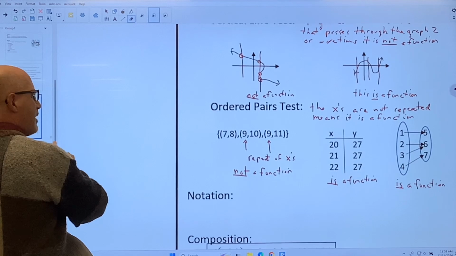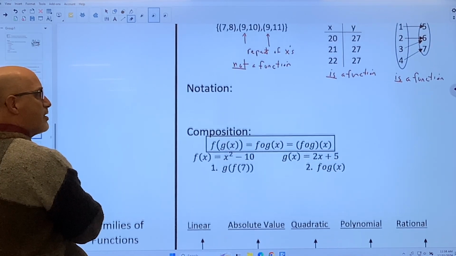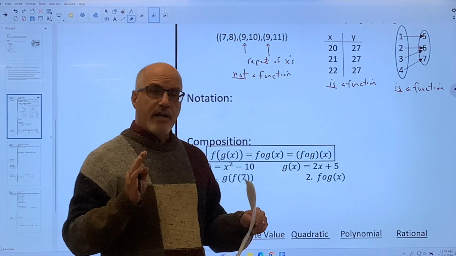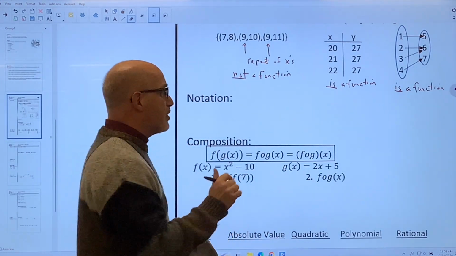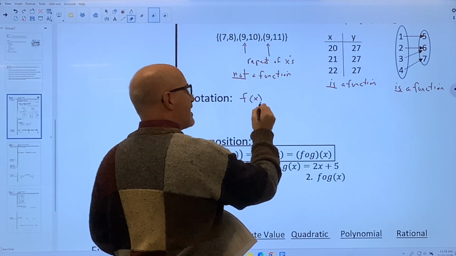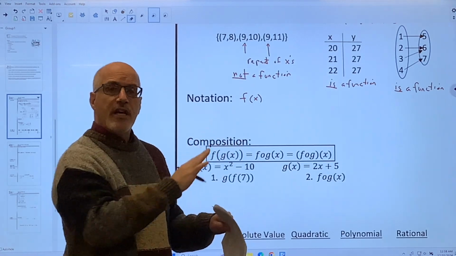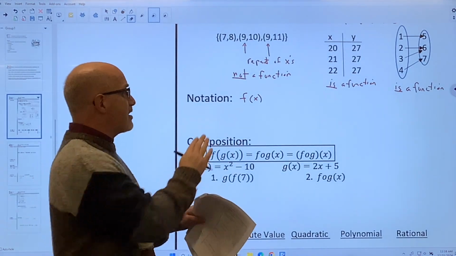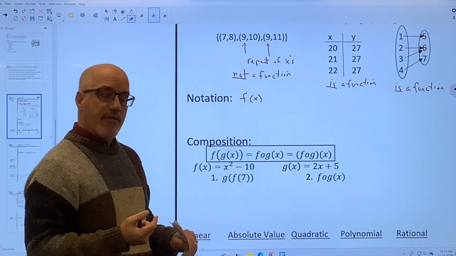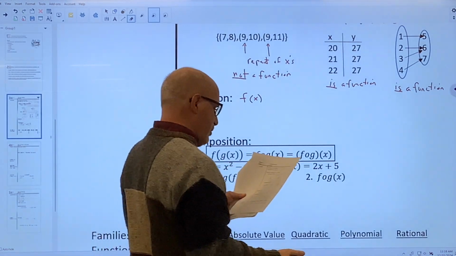Now, let's talk about the notation we've used with functions before, just as a review a little bit. Our notation is usually in the form of putting an F with parentheses and the X afterwards, or other letters. We could use G or H. Usually we'll use some letter, and then X is usually our input, though we could use a different input like a T, but this is the notation we use.